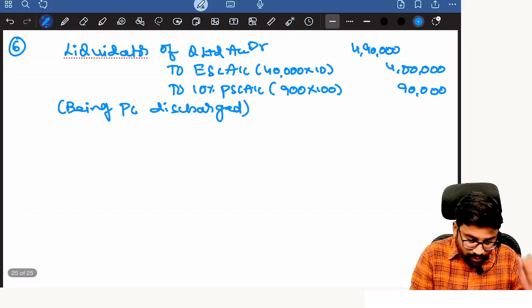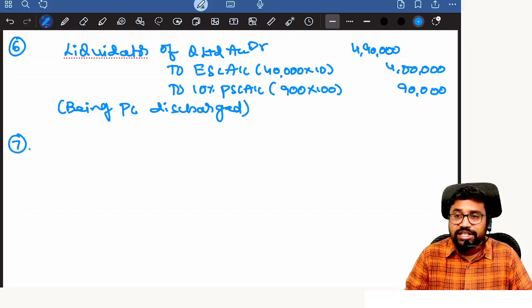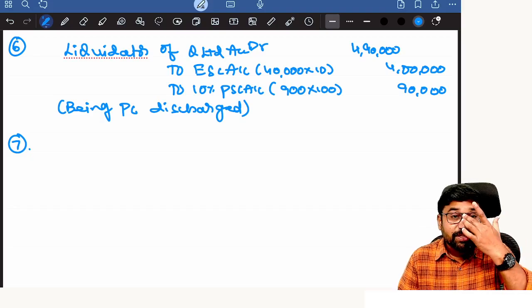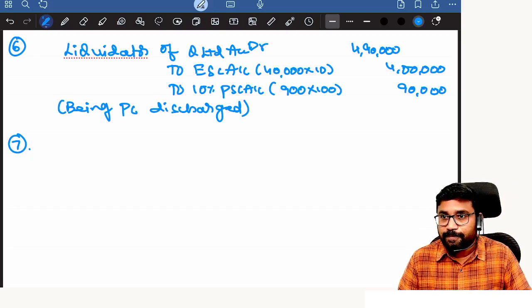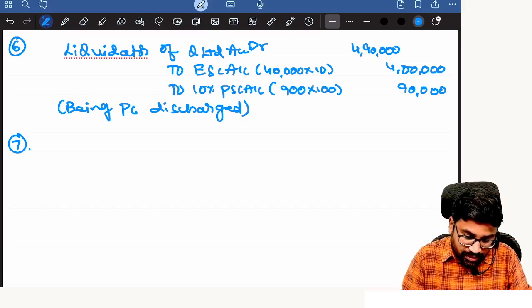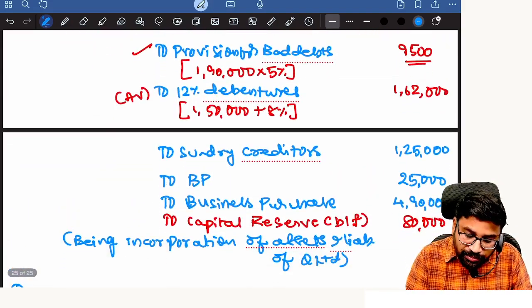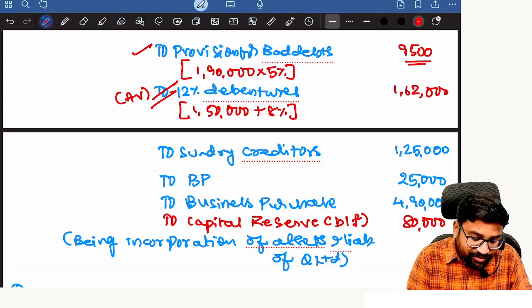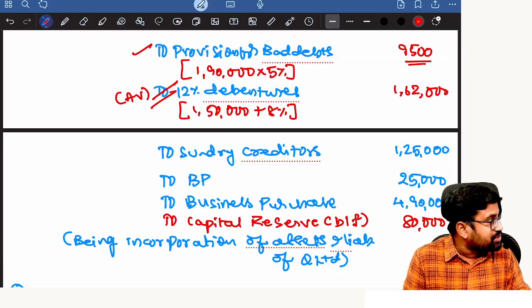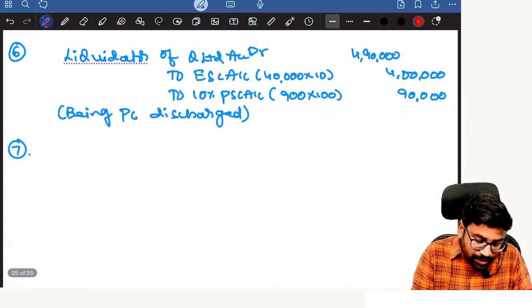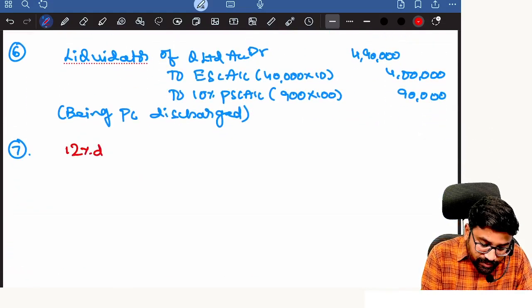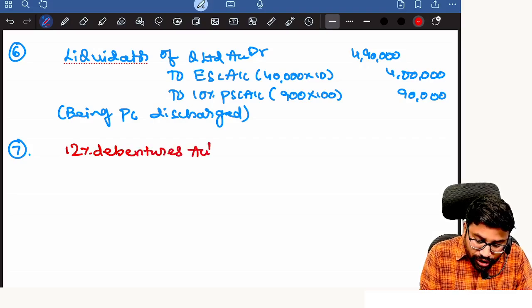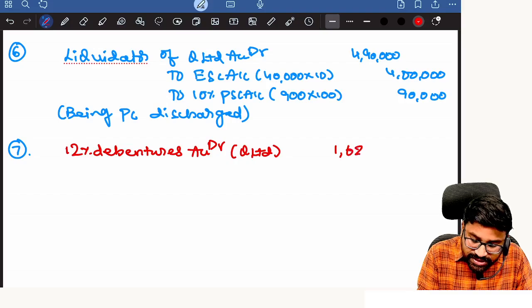Next up, sir, liquidation expenses. Before going to liquidation expenses, first I am going to discharge the debenture holders. Very important, please observe. First of all, from Q Limited we have taken over debentures. In the incorporation entry we have written 12% debentures of 1,62,000. These are Q Limited's 12% debentures, taken in our books at 1,62,000.